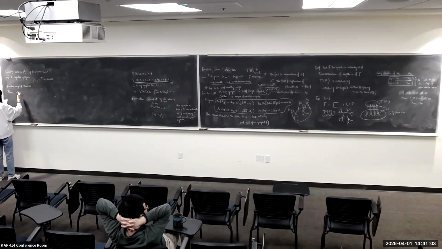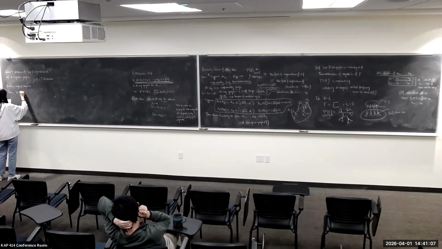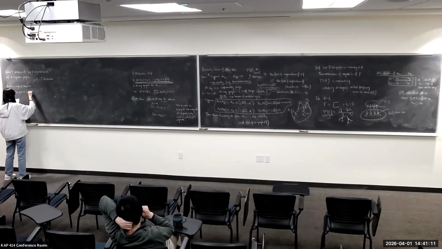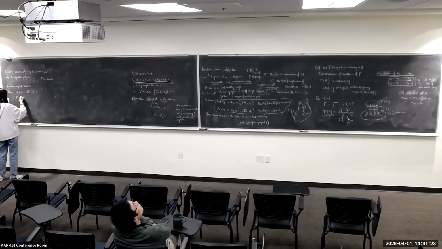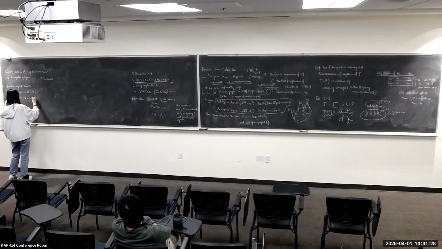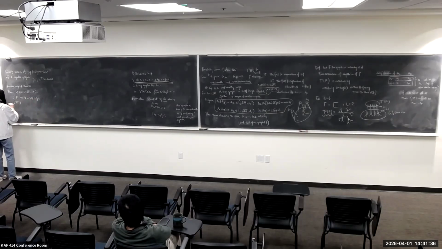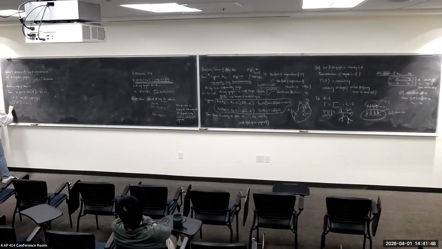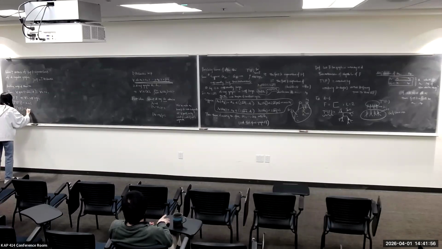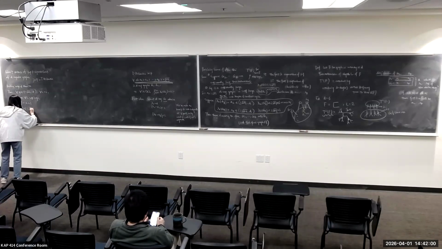Theorem: for any a, say between 2 root d minus 1 and d, there exists a graph F such that for all L sufficiently large, the first eigenvalue of T_L(F) is a plus or minus epsilon, and the second eigenvalue of T_L(F) is asymptotically at most 2 root d minus 1, plus epsilon.